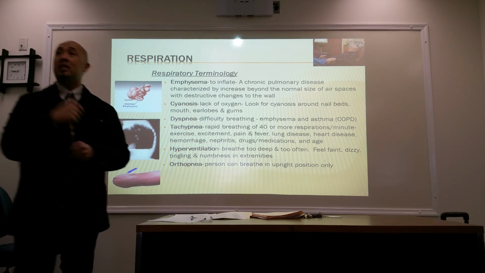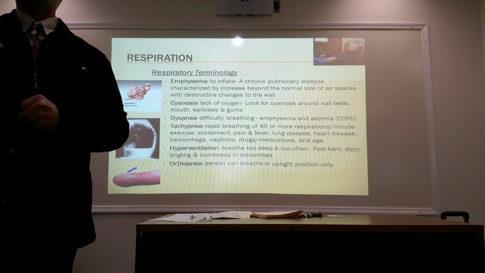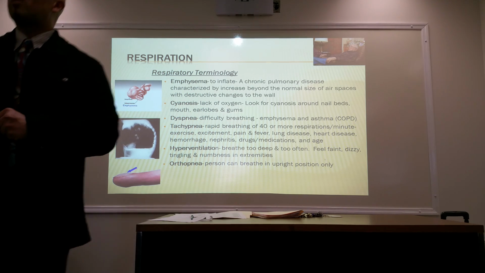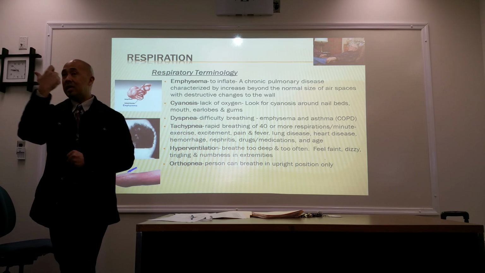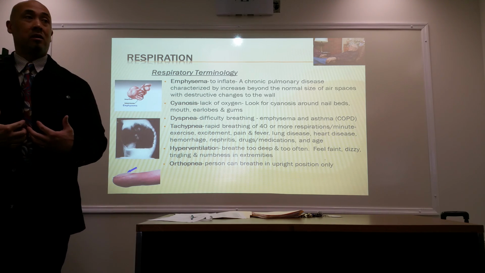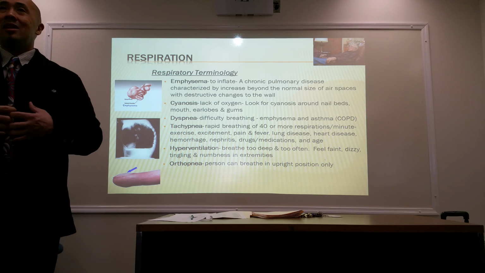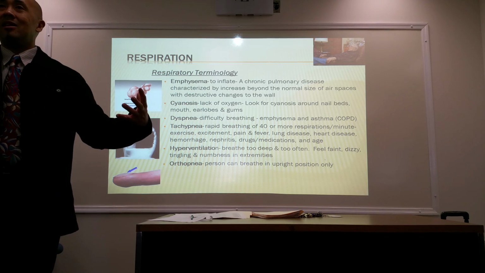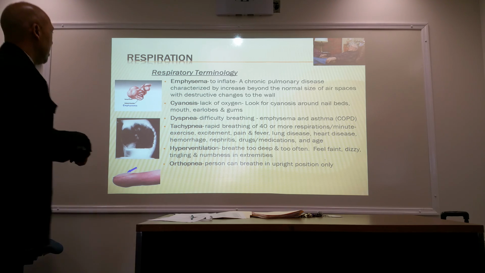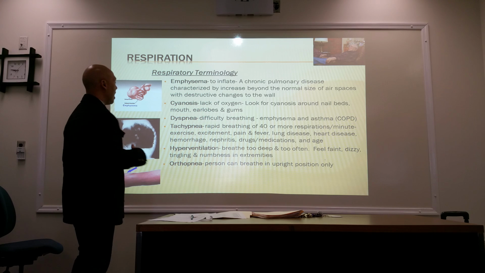So in this case, now they have problems getting air in. Those who are asthmatic take an inhaler to relax the windpipe and the lungs, so that way they can expand and be better inflated. So that's the opposite.